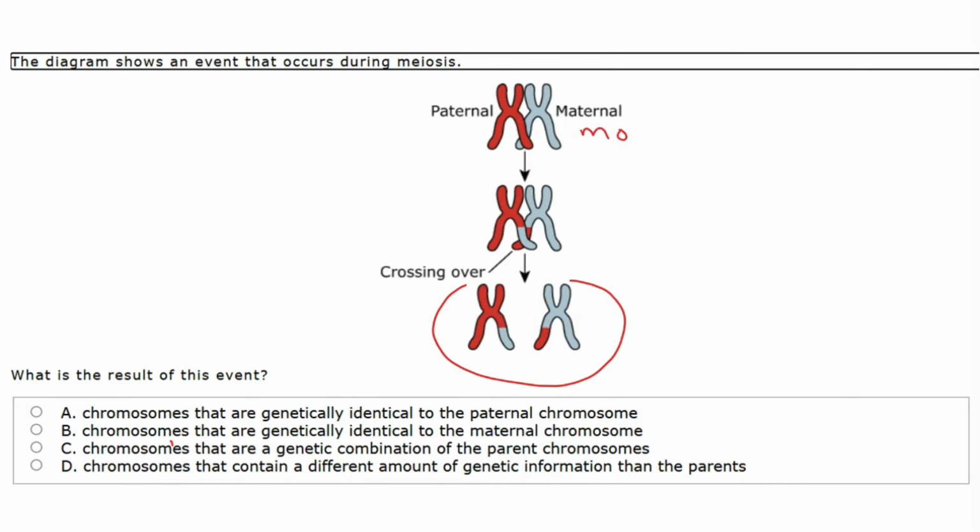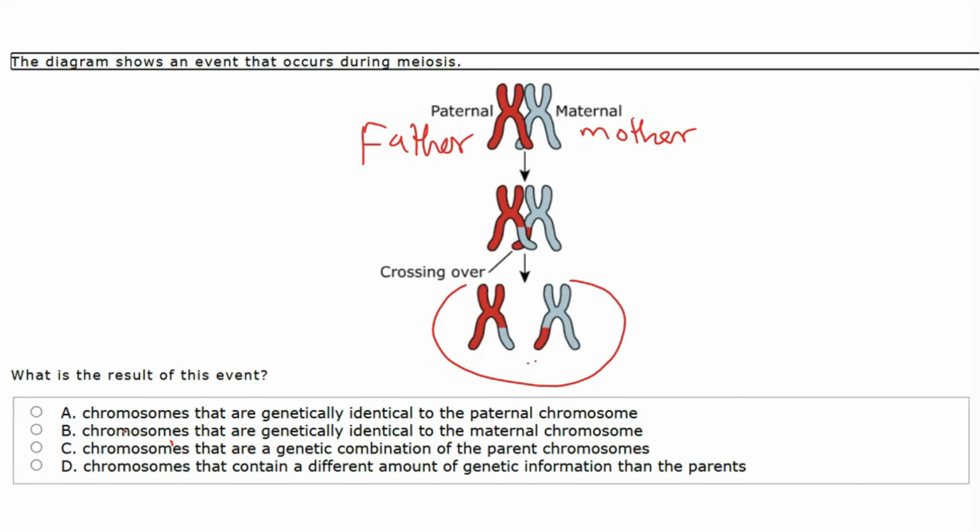Maternal means mother's chromosome, and this one is father's chromosome. Father's is the red one and mother's is the gray one. When they cross over, you can see the two chromosomes are a combination of the parents now. So what is the result of this event? You have to choose which option is suitable from the given options.